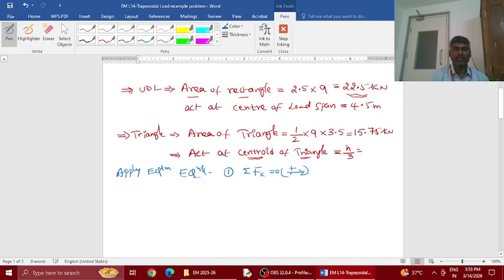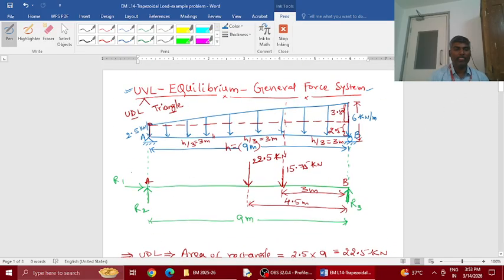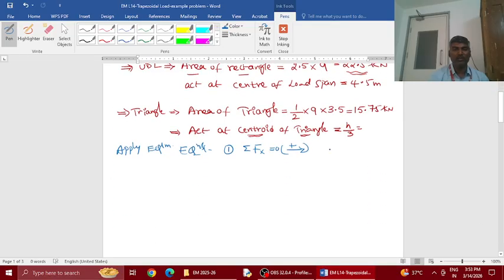I consider rightward acting forces as positive. So if you see the member, there is only one horizontal force. It is R1. So R1 is equal to 0.